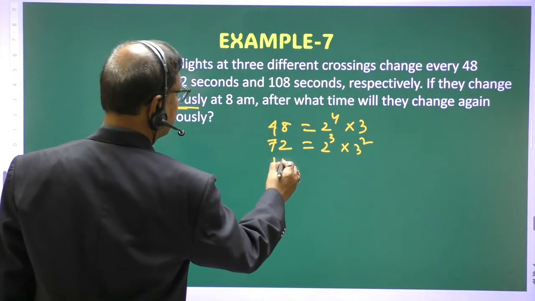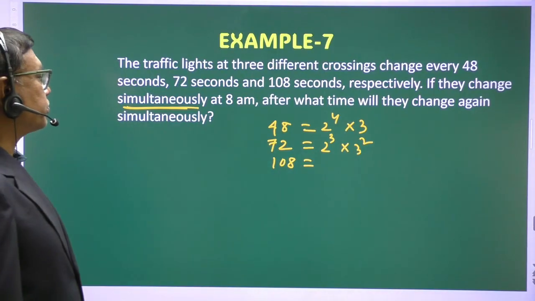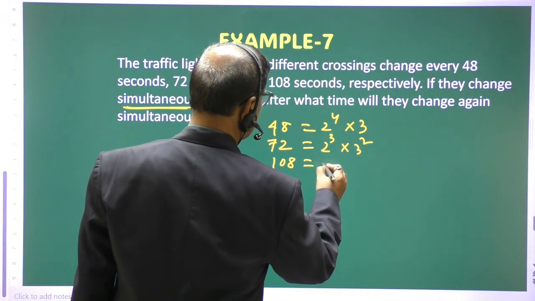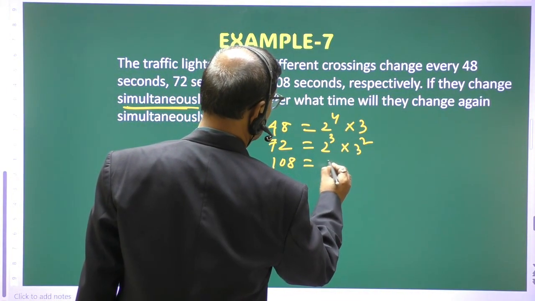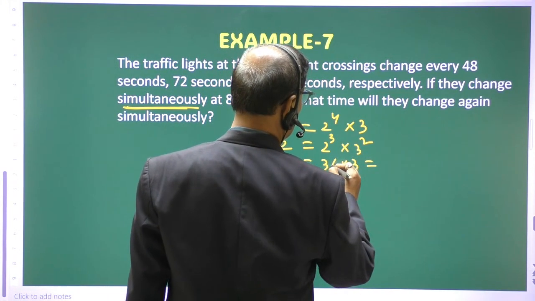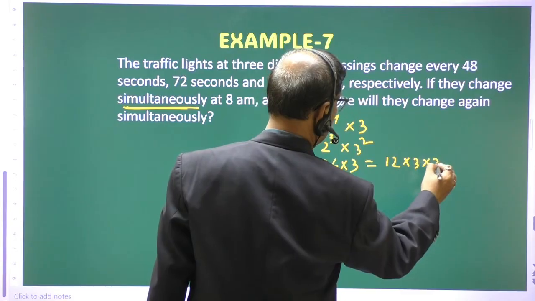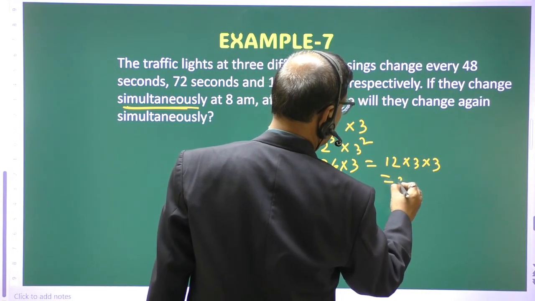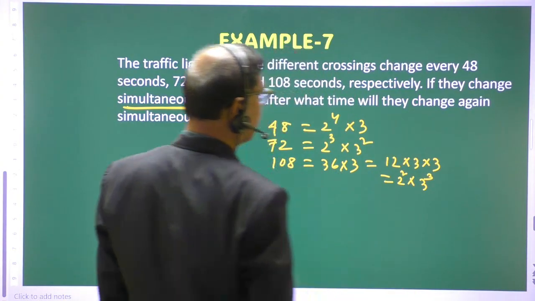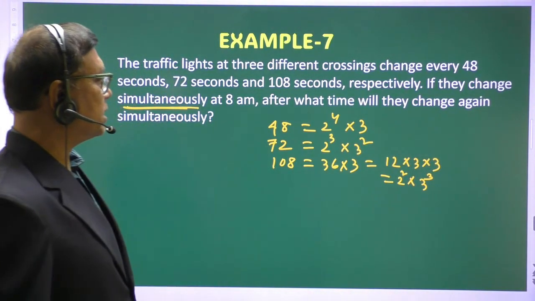And then 108, that means 36 into 3, that means 12 into 3 into 3, that means 2 square into 3 cube. This is the product of prime factors. Clear?